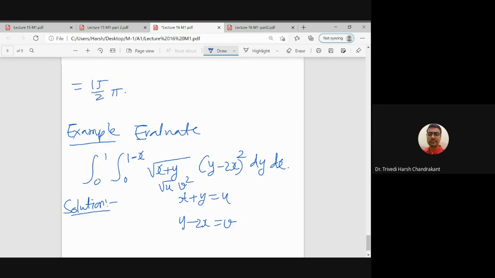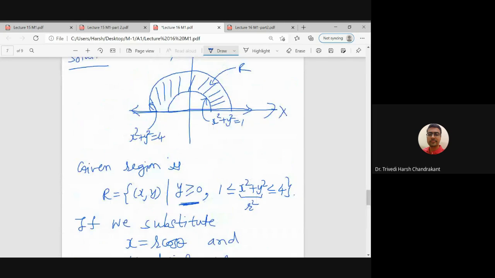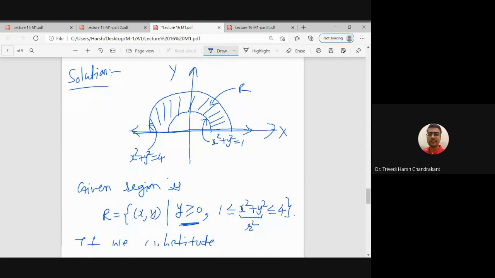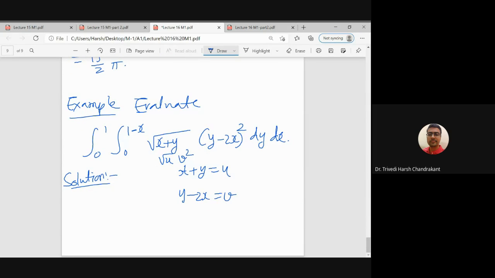So in polar coordinates, what we have done is, depending on the region, we substituted the variable because the region was circular. But here, depending on the function, whether we are able to easily integrate it or not, depending on that we are substituting the variables.